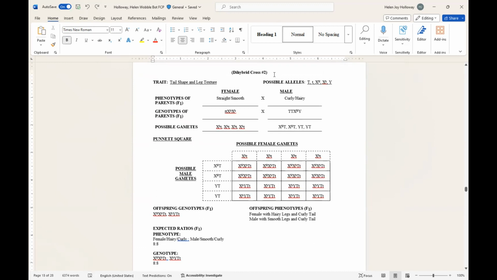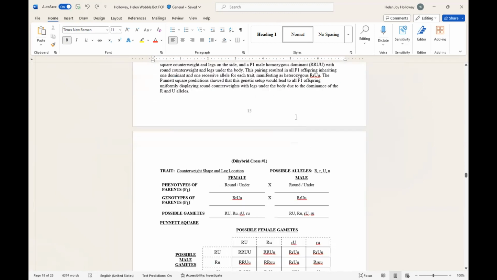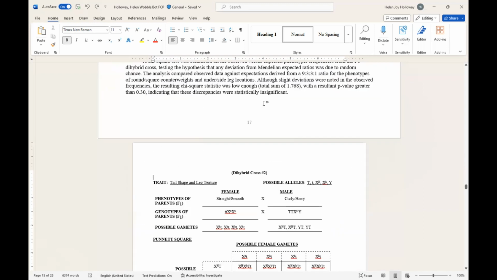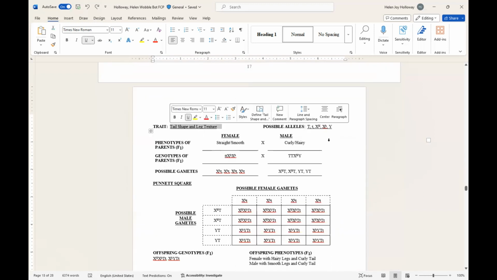I know that Stu was trying to trick us and made the second dihybrid cross sex linked. So if you want, you can go through this entire process assuming it's autosomal for these traits, but I frankly don't have time for that.